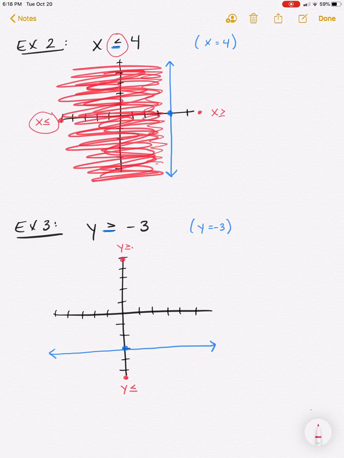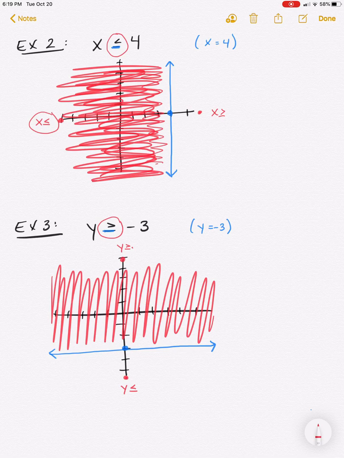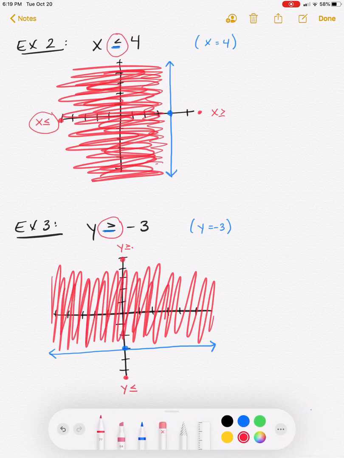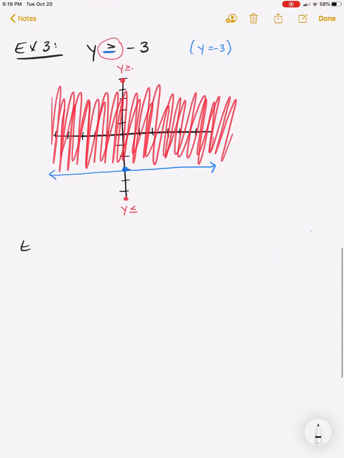Since this is greater than or equal to, we are going to shade above this horizontal line. That's how I'm going to figure out the shading. If that does not work for you, then we can definitely talk about more strategies in class for how to figure out the shading.